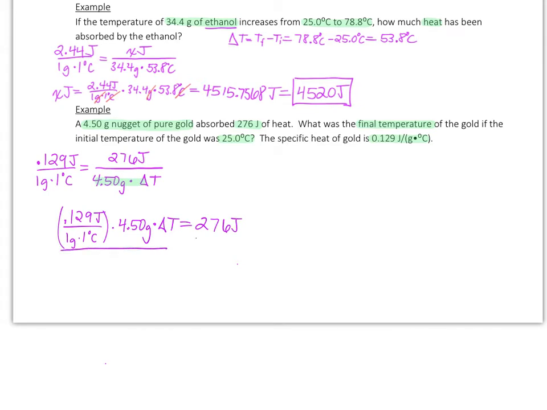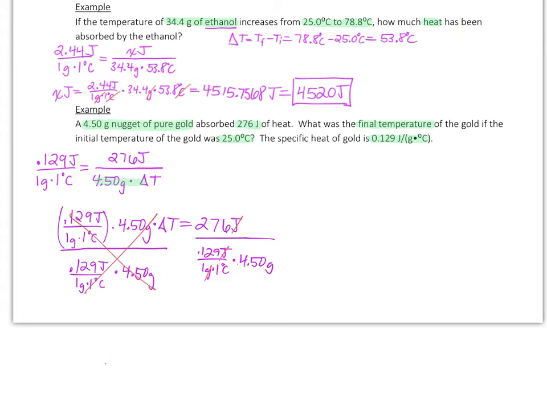To get delta T by itself, divide both sides by our constant, and 4.50 grams. And then we can worry about our units. So, both of those go away on that side.